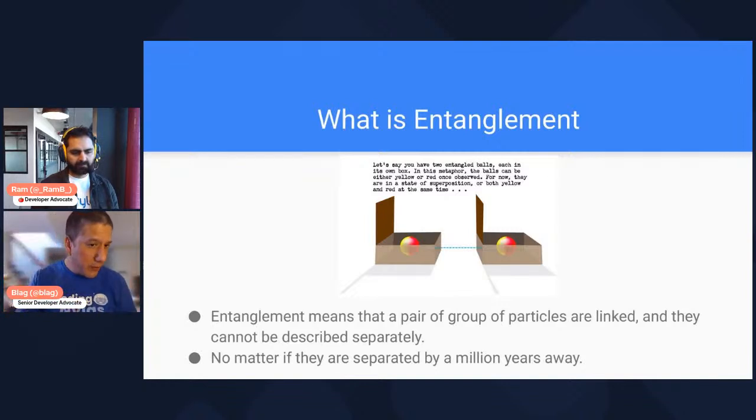But then we close the box, we go drink a coffee, then we go back. Ram opens the same box that I opened, but now the ball is yellow, which means if I open the second box, it's also going to be yellow. So what happens if we both open the boxes at the same time?